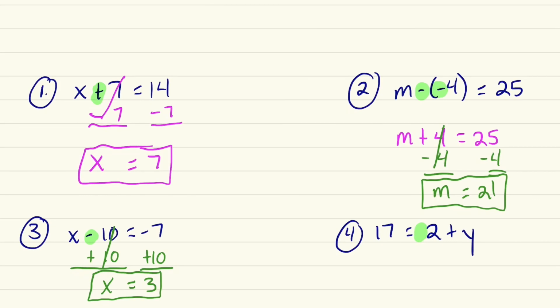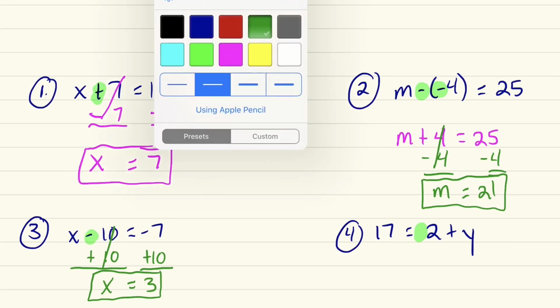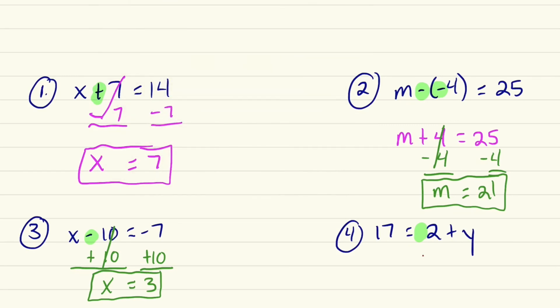A lot of times people don't know what to do here. They're unsure about what they should do. Take a look at what kind of 2 I have. That's a positive 2. How do we get rid of that? We get rid of that by doing the opposite. So we're going to subtract 2 from the right-hand side, and we're going to subtract 2 from the left-hand side. 2 minus 2 cancels out. 17 minus 2 is 15. And that leaves me with 15 is equal to y.